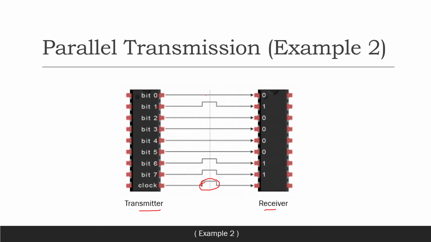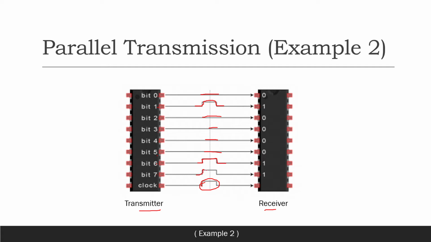But as far as these 8 lines are concerned, this line is transmitting potential 0 or 0 voltage. This line is propagating bit 1. This line is propagating bit 0, bit 0, bit 0, and this is bit 1. A square waveform is representing some voltage, that's why this is bit 1.